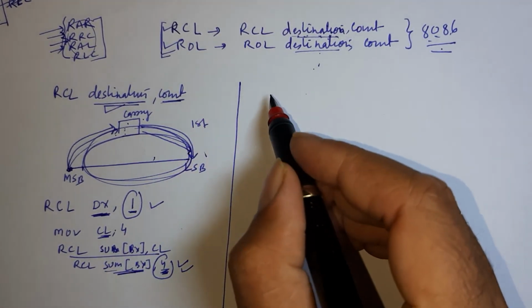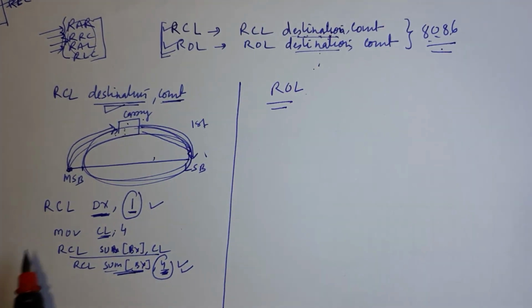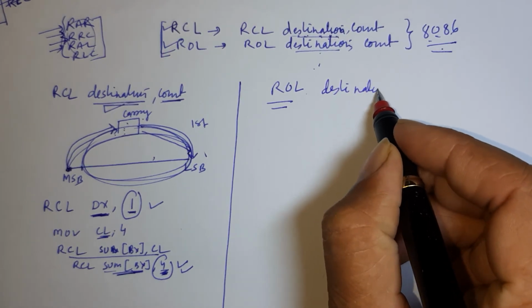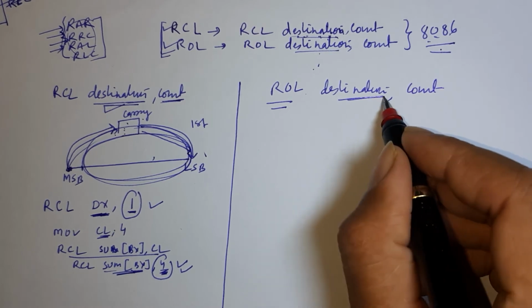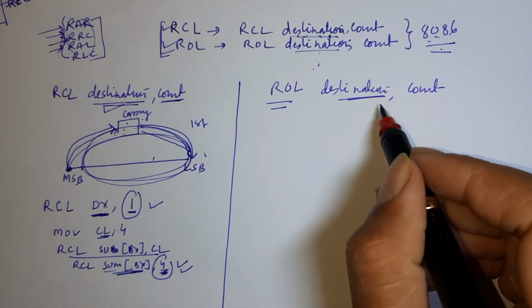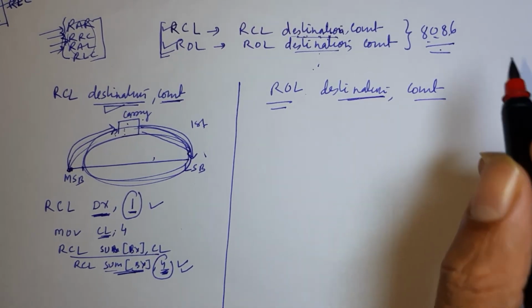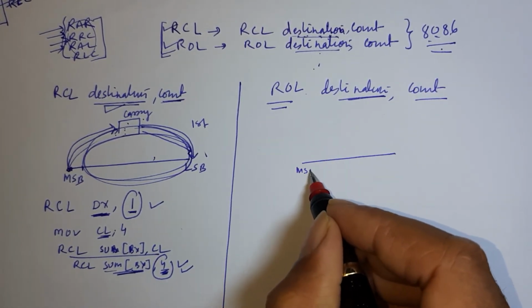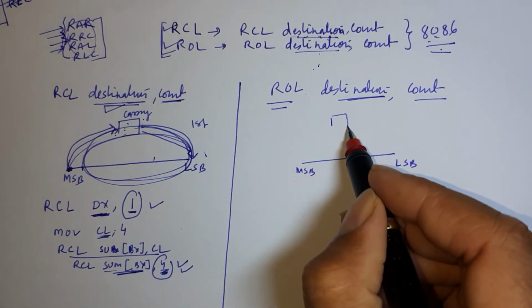Now talking about ROL. This also has destination and count. Destination means whatever register or memory you consider, and count means how many times you want to rotate. In this case this is the MSB, this is the LSB and this is the carry.